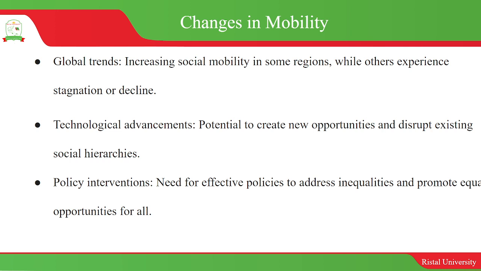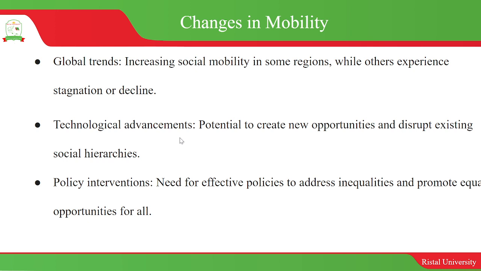Technology has provided opportunities that can enable social mobility. There are a lot of innovations, a lot of opportunities that have been created by this technological advancement. Therefore, as a government, you really need to think about the policies that restrict people from social mobility, climbing the social ladder. So you want equal opportunities for people.